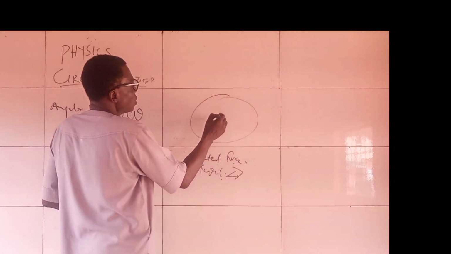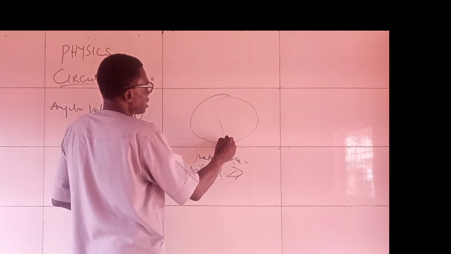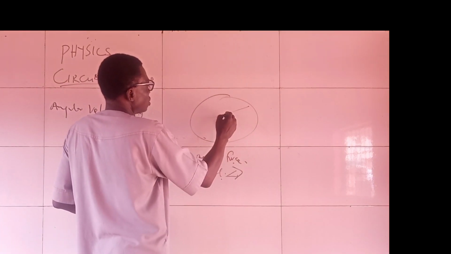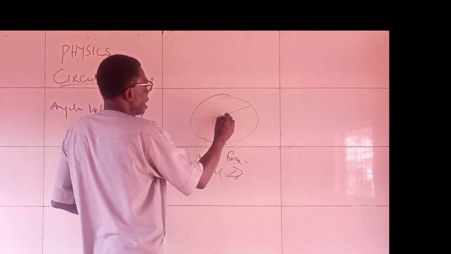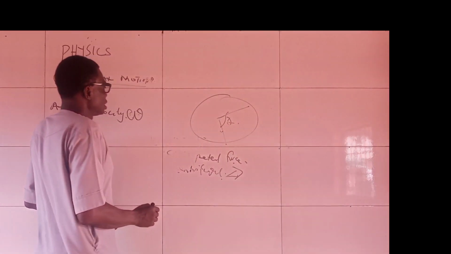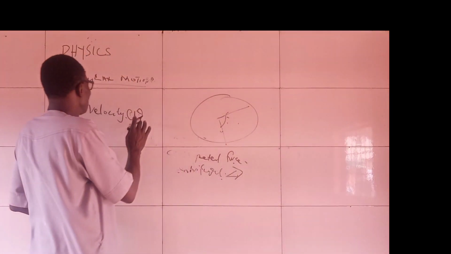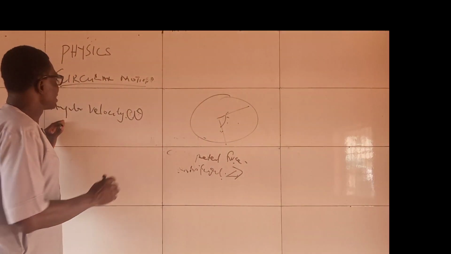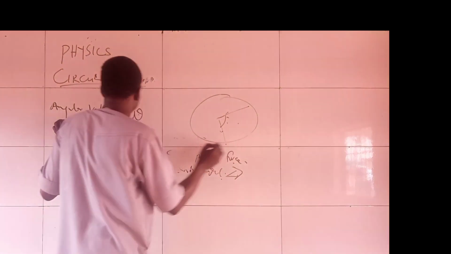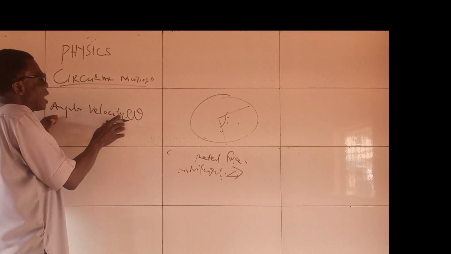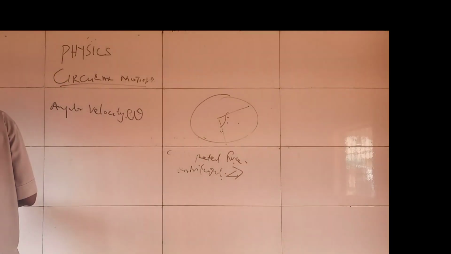This is the circle, this is the center, this is a radius, this is another radius. So this R, this angle, this angle is what we refer to as angle theta. Then the velocity here is what we refer to as angular velocity.